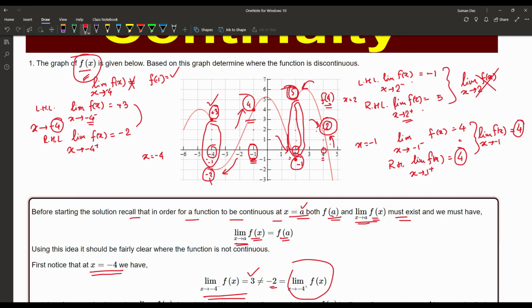But at x equal to -1, the left hand limit is equal to 4, the right hand limit is equal to 4, and the value of the function at -1 is also 4. So the function is continuous at -1, and that is the concept of the continuity of any function.